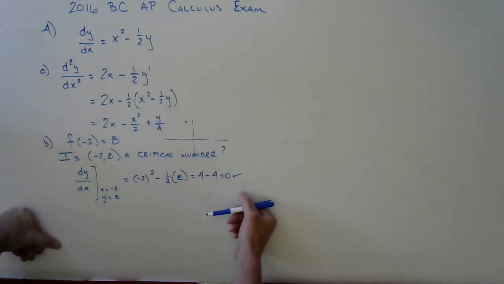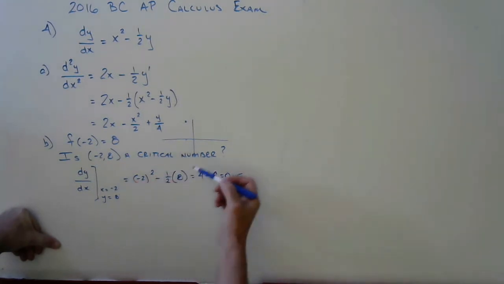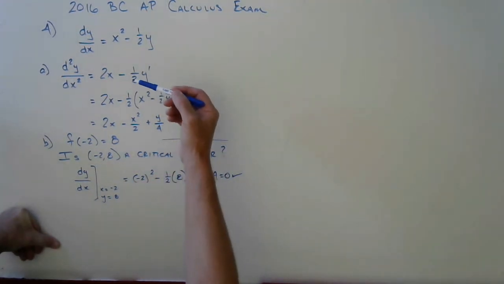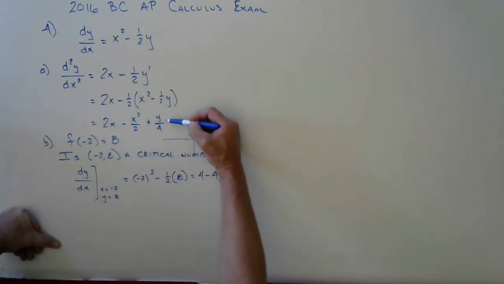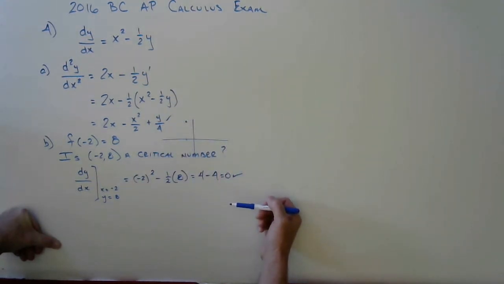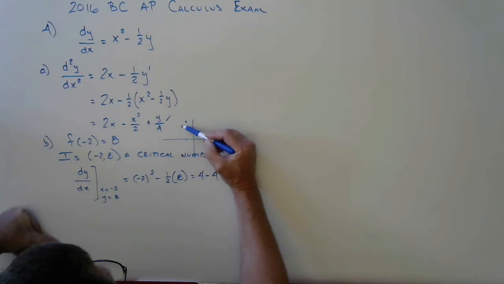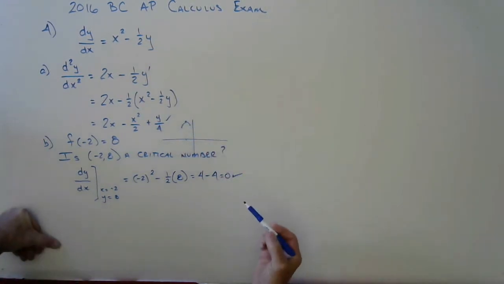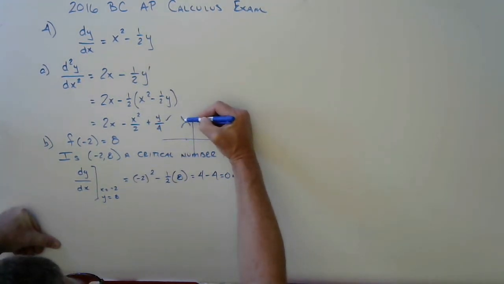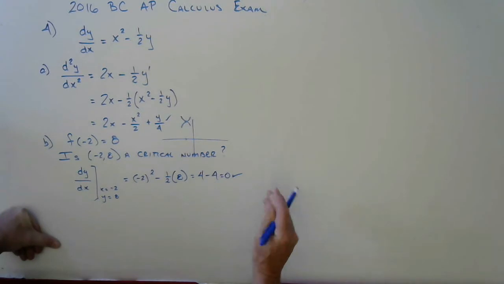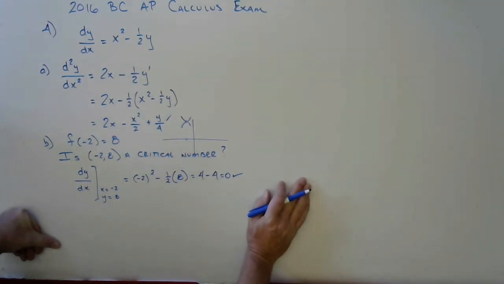Now, AP exam questions usually fall back onto previously found ideas. They asked us to find the second derivative right here. Well, if this is a relative max, then our graph is going to be concave down at that point. If this is a relative min, our graph is going to be concave up at that point.